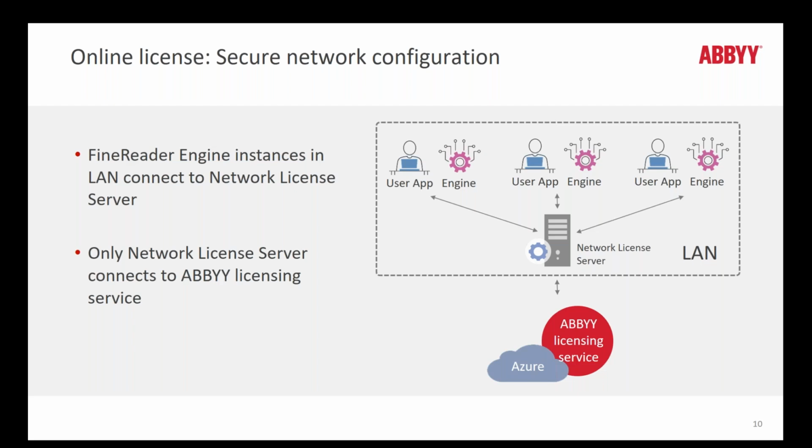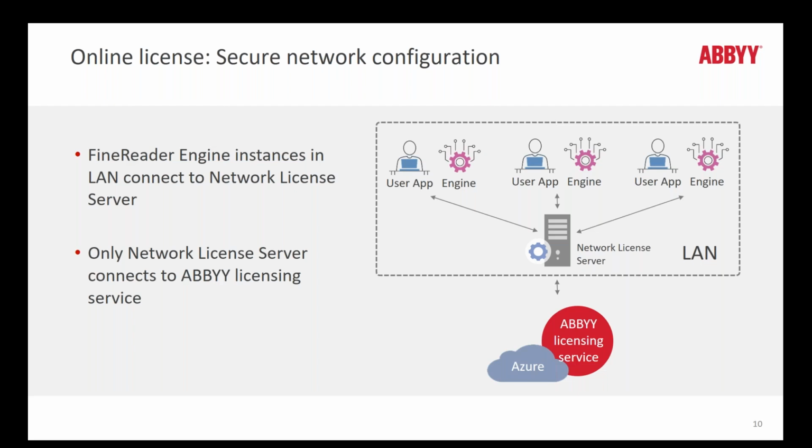As you can see in the diagram, several FineReader Engine instances in a local area network are connecting to a network license server, and only one machine with a network license server is communicating with the ABBYY licensing server. So to have a secure internet connection, the network license server could be set up to use a proxy server or even be placed in a very secure environment in the so-called demilitarized zone.